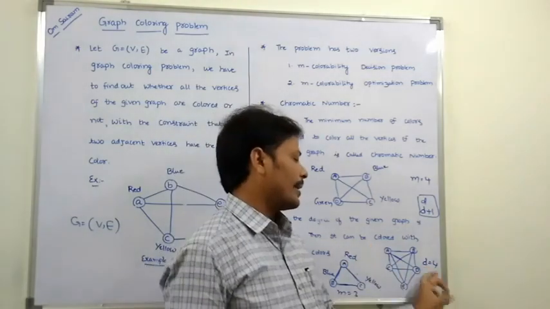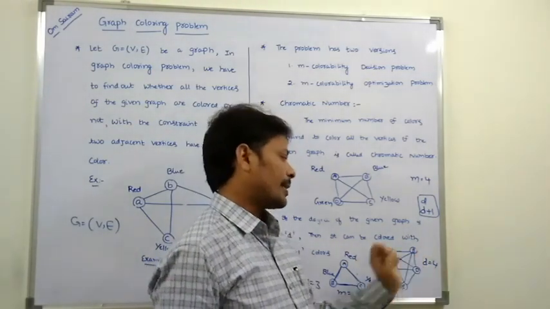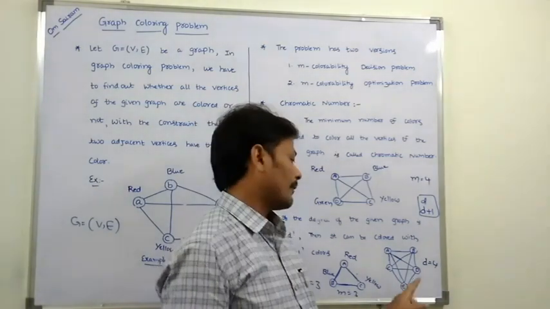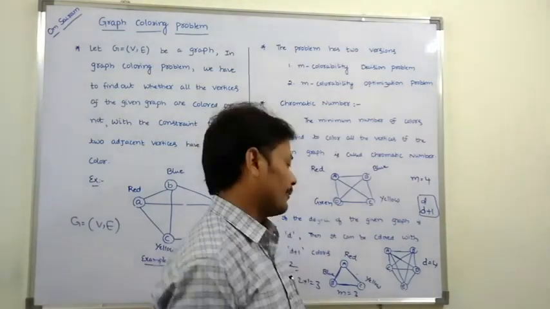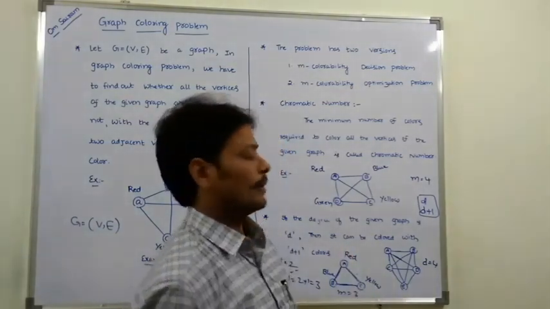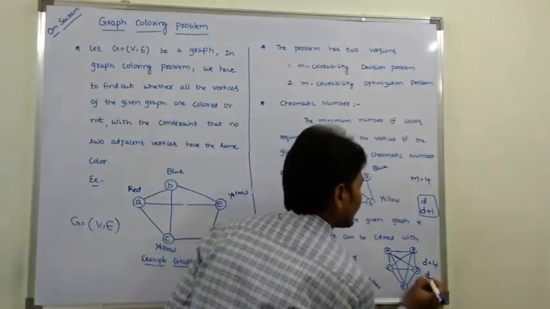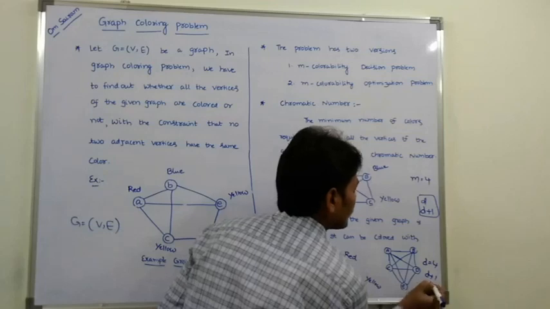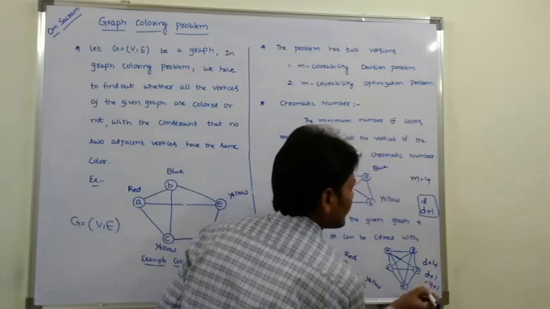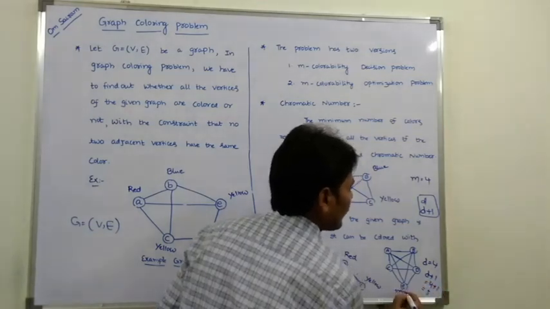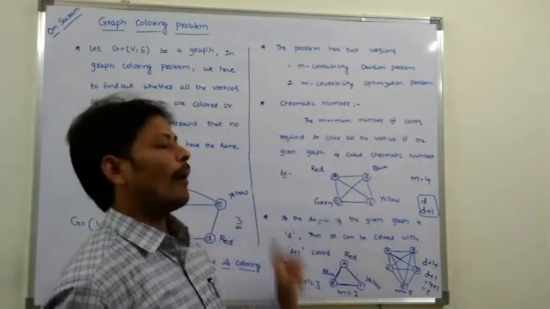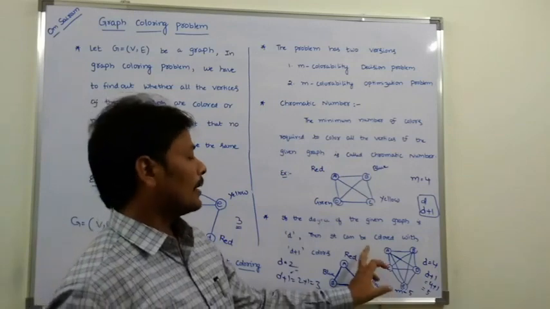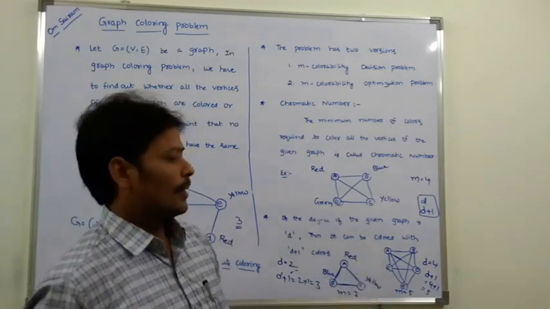So degree of A is equal to 4. For vertex B, degree 4. For vertex D, degree 4. For vertex C, degree 4. For vertex E, degree 4. So how many colors are used? D plus 1, that is 4 plus 1, that is 5. So M is equal to 5. 5 colors are required to color all the vertices of the given graph.